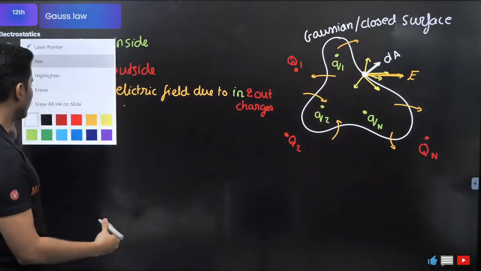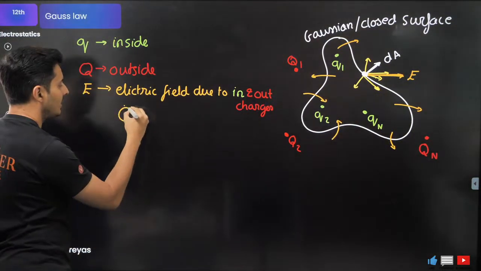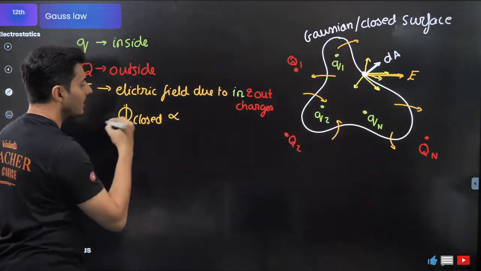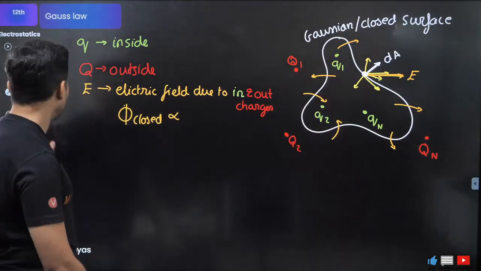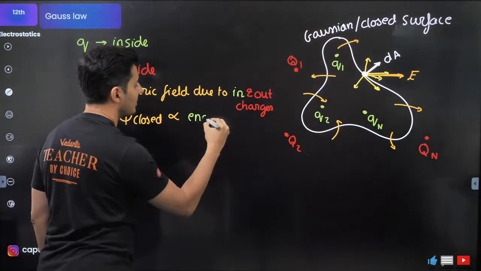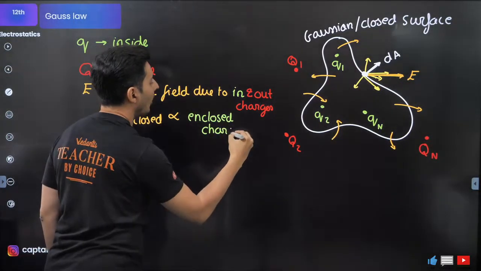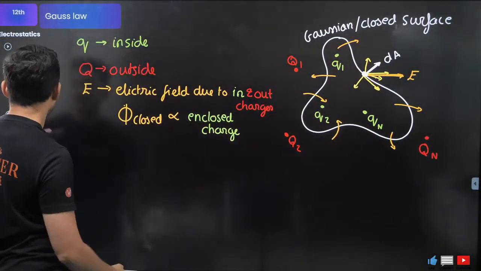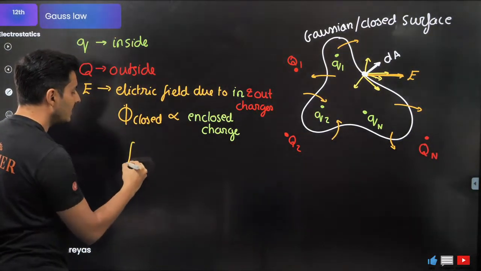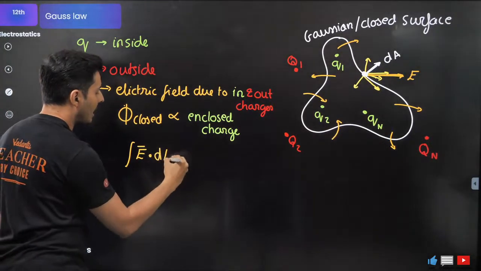So what I just saw over here was that the net flux through a closed surface is directly proportional to the enclosed charge, or the charges inside. Enclosed charge, that's all, nothing else. Now this net flux in that closed surface, I can also write as the integral of electric field dot area vector.